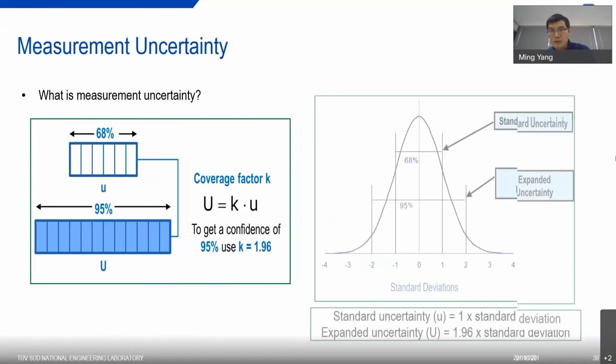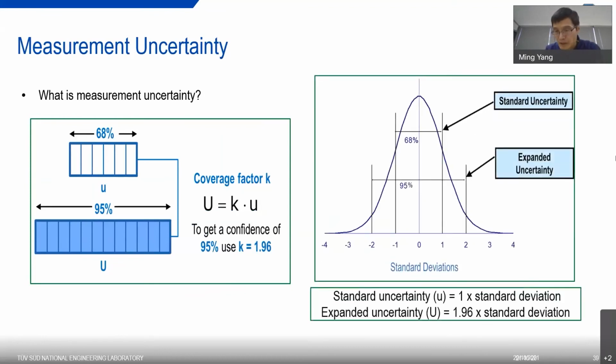Vice versa, if you know the expanded uncertainty, you can work out the standard uncertainty. Now, if you do a measurement many times, infinite times, then you'll get a population like this. Assuming the distribution is normal, or Gaussian, then the standard uncertainty is actually equal to the standard deviation.